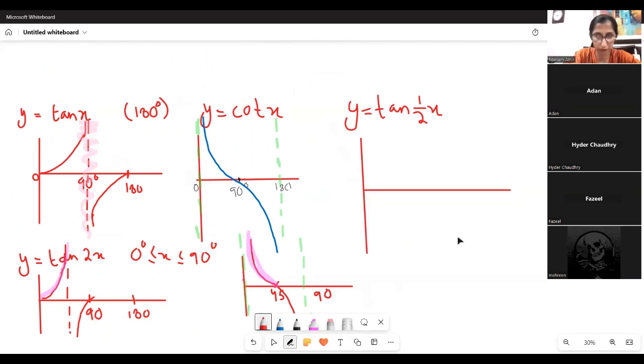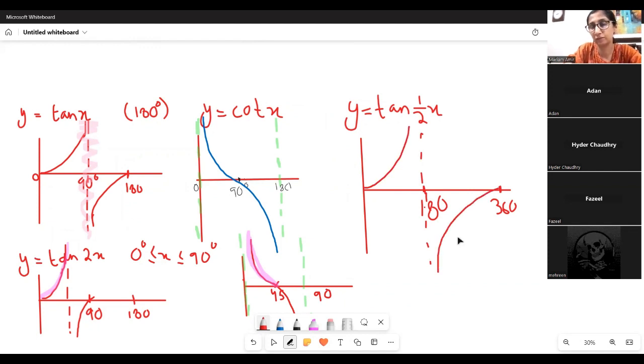Usually 180 degree पे complete होती है tan x की one cycle, तो अब half cycle 180 पे complete होगी. That means one complete cycle 360 पे complete होगी. So it will look like this. The asymptote will be at 180 now. So half cycle will look like this, and a full cycle will look like this.